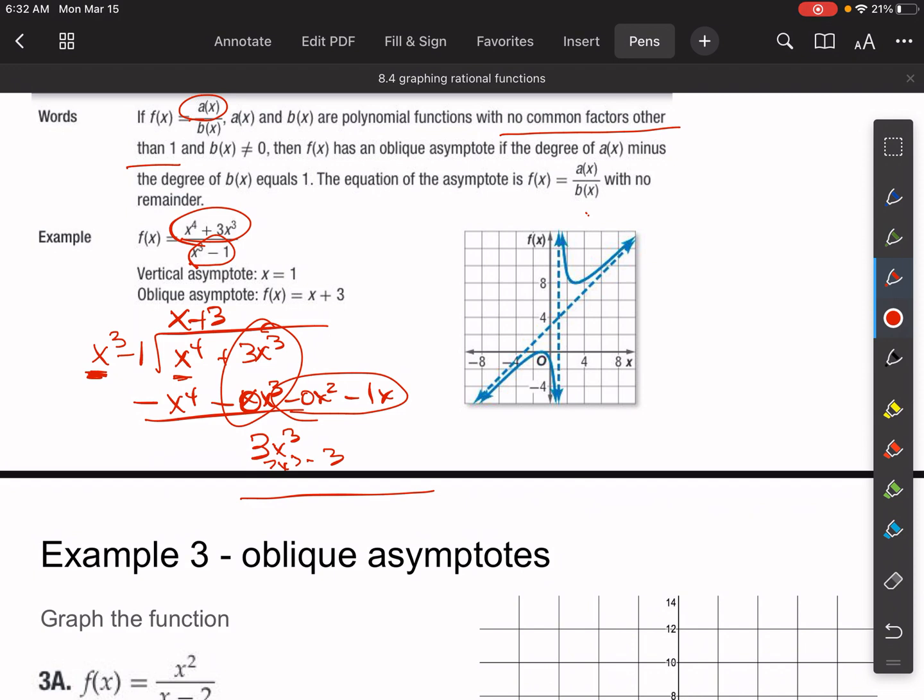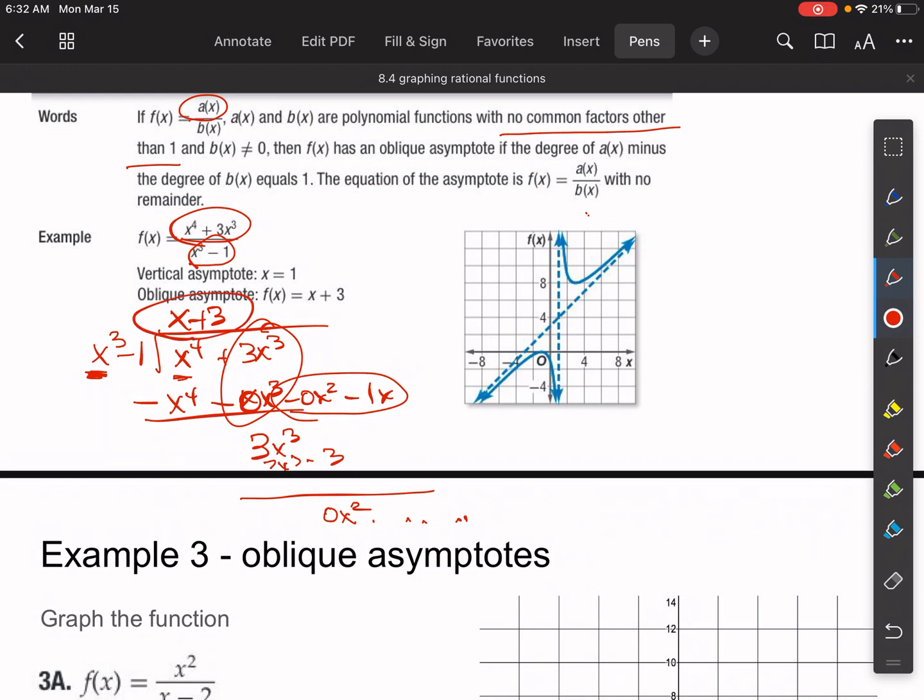So I end up with 0x squared minus 3, which is just 0x squared. And so eventually this is going to just go out into a long remainder is what it's going to end up being. So x plus 3 is the last piece that I need.